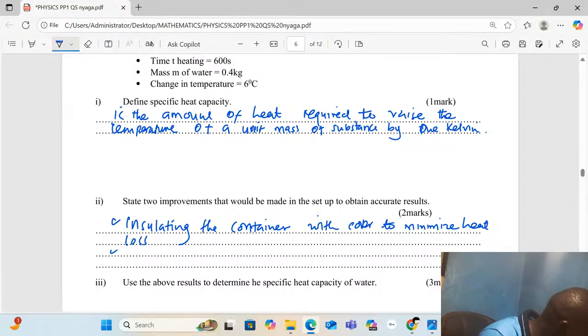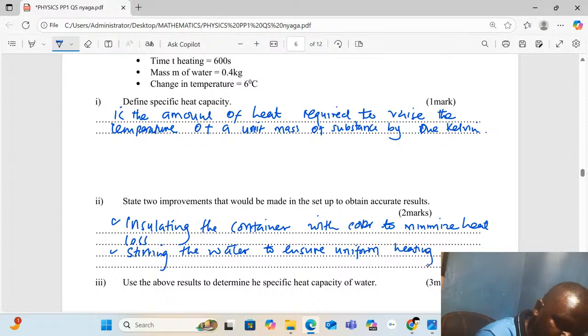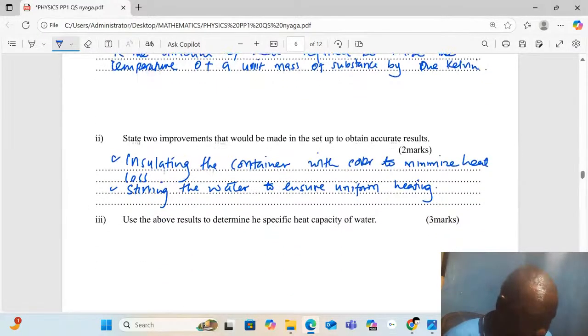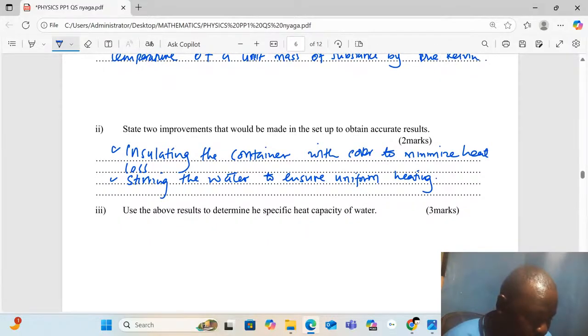And number 2, stirring the water to ensure uniform heating. Those are the measures that you can take to improve.